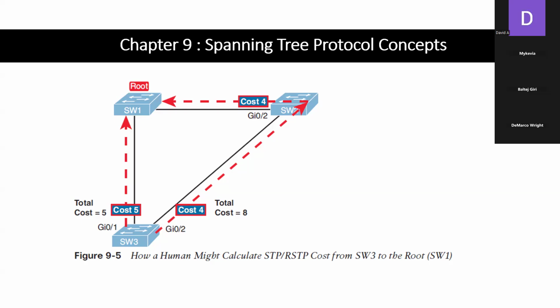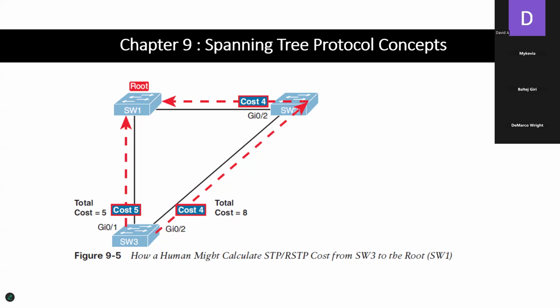Now that we've spoken about that, we need to speak about something else within the topology. We have our root bridge. Now, in terms of spanning tree, we have to discuss the other switches, and the other switches need to choose which port will be the root port. This is the second part of the process.